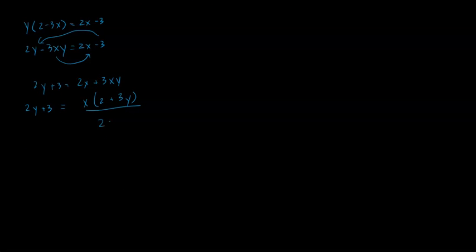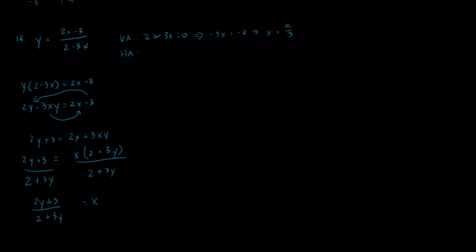Divide both sides by 2 plus 3y. So x equals 2y plus 3 over 2 plus 3y.